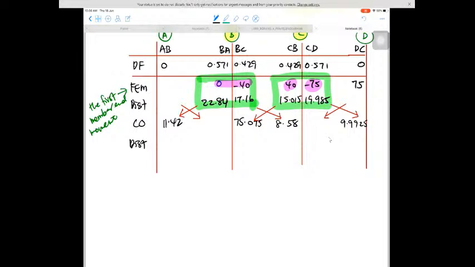We get negative 42.868. Then we do the same for the next one. Negative 75.075 times 0.429 is negative 32.181.